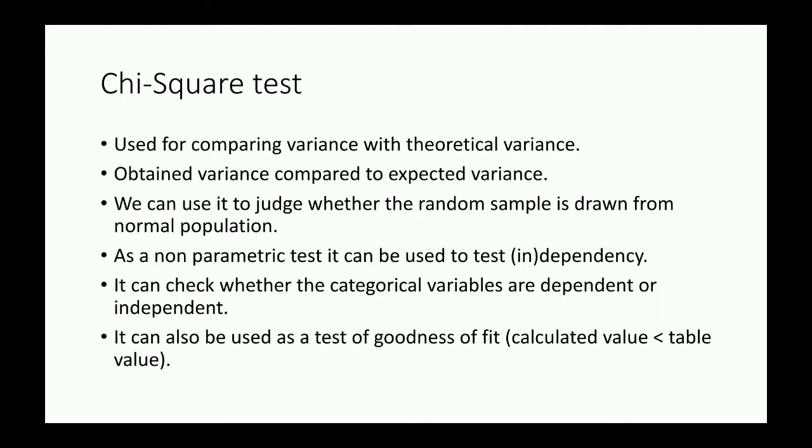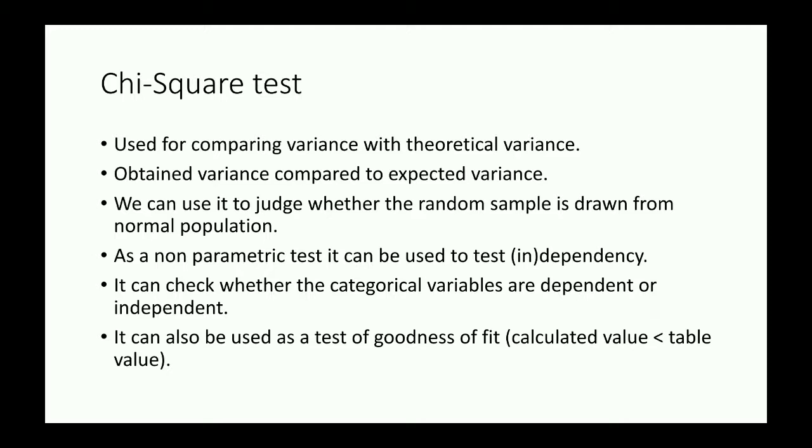Suppose you want to know whether learning is statistically associated with physical presence or not. That means you are going to check whether online education is effective or not. So you want to know whether physical presence is associated with learning or not. In that case, you can use the chi-square non-parametric test.